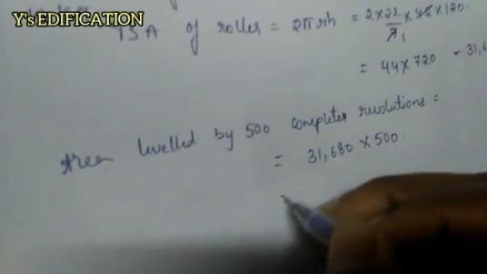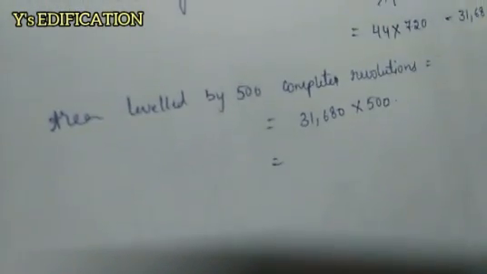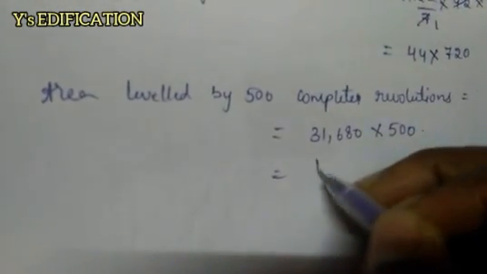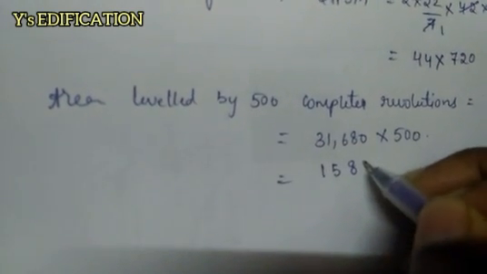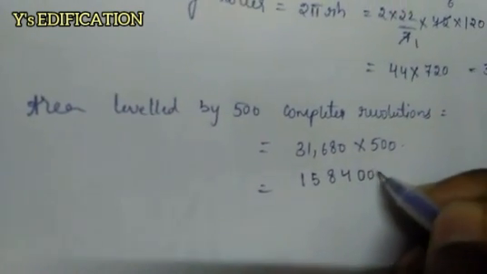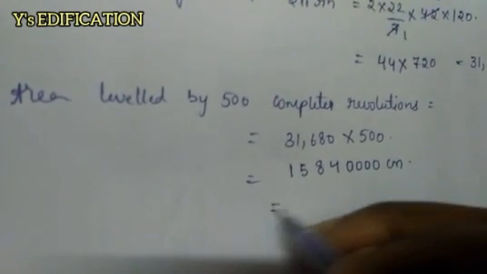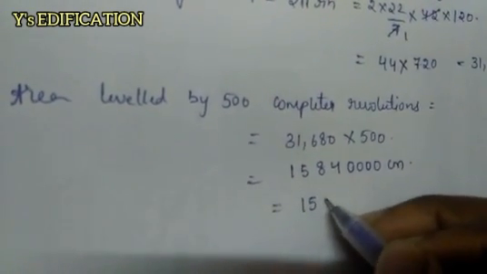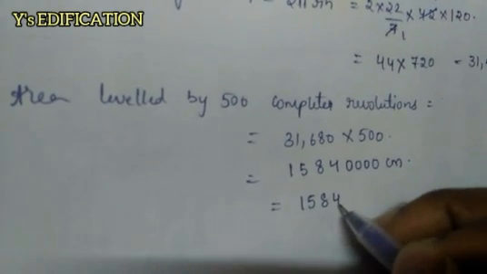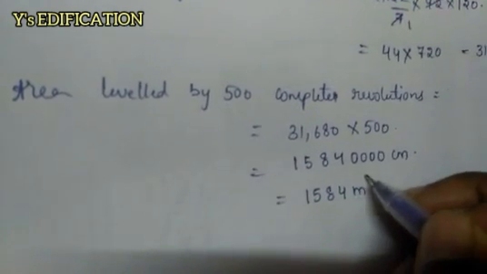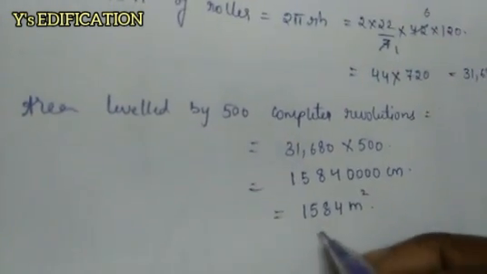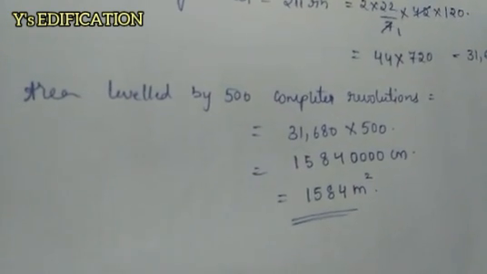Okay, by multiplying these two, we will get 15840000 centimeters square. Okay, we can write this in meter square. How can we write? 1584 meters square. Okay, so this is the total area of the playground.